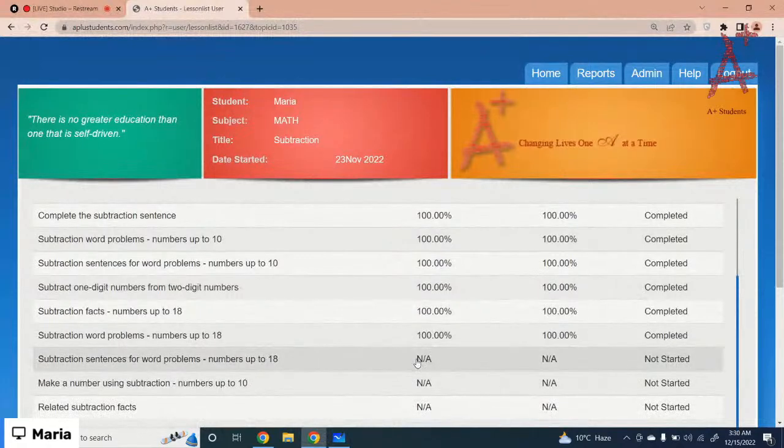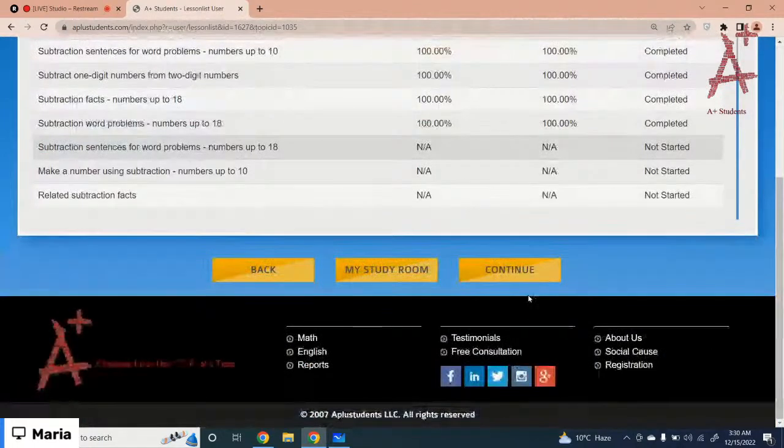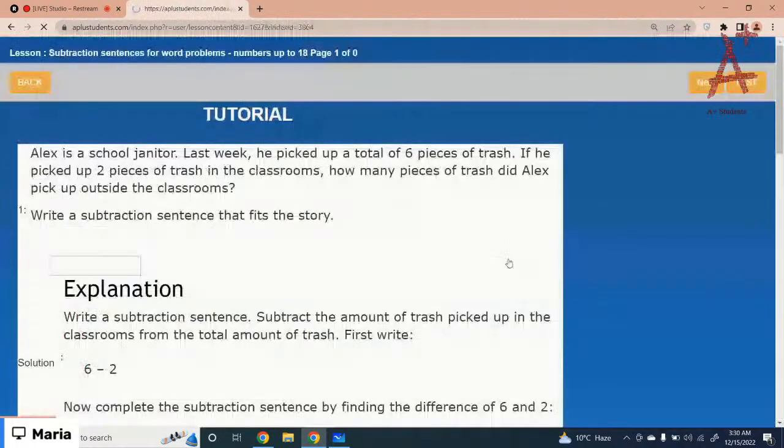So here is the next one, subtraction sentences for word problems, numbers up to 18. Okay, you are given a story. You have to write it as a subtraction sentence. Got it? Just look at the numbers involved in the question.